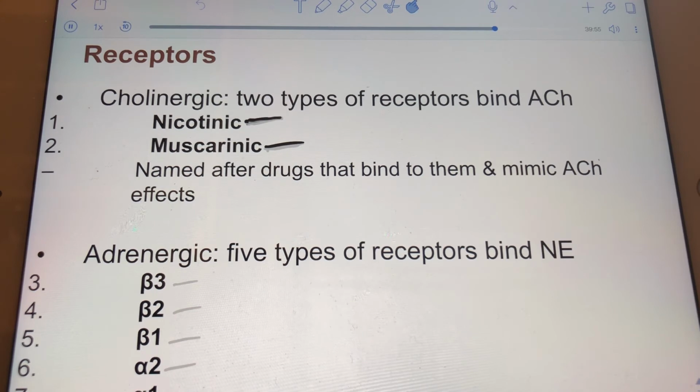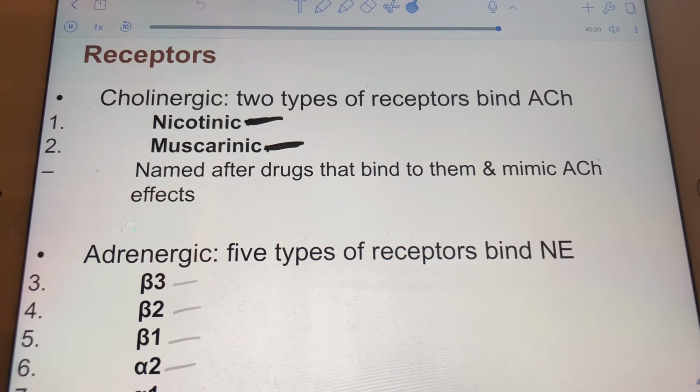And the chief reason for the names of these guys is that the drugs, nicotine and muscarine, think hallucinogenic mushrooms, mimic the effects of acetylcholine.